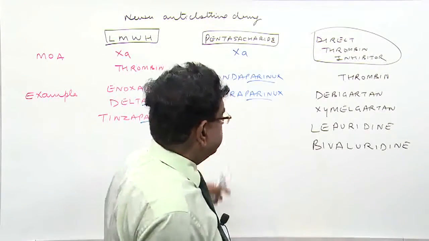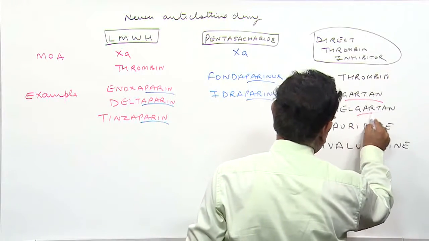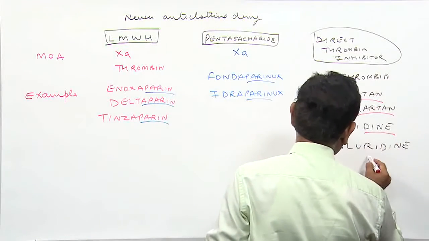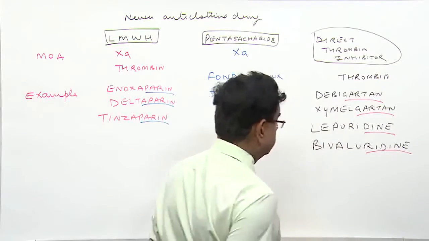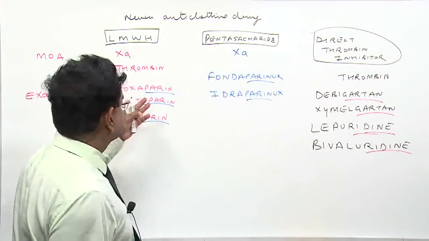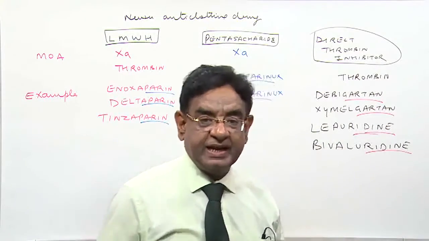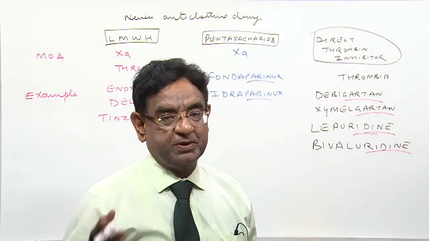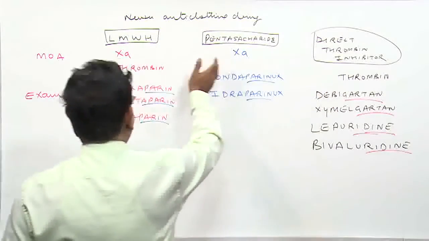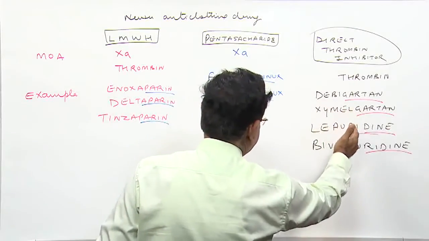Then dabigatran, ximelagatran, the two gatrans, and lepirudin and bivalirudin. So friends, this is parin, parinux, gatran, and rudin. Very simple to revise: thrombin, 10, both; parin, parinux, gatran, rudin.